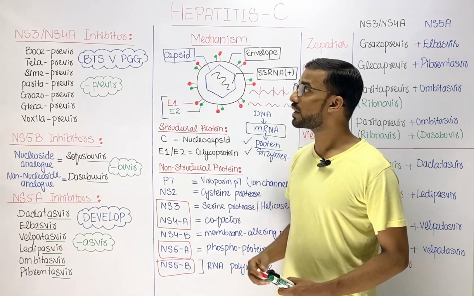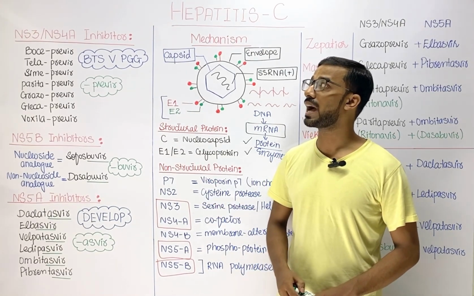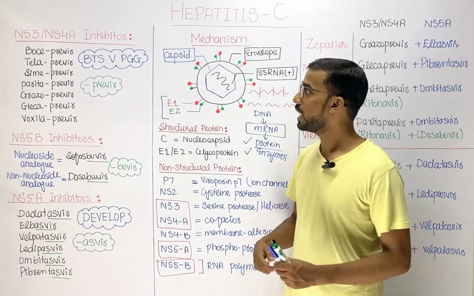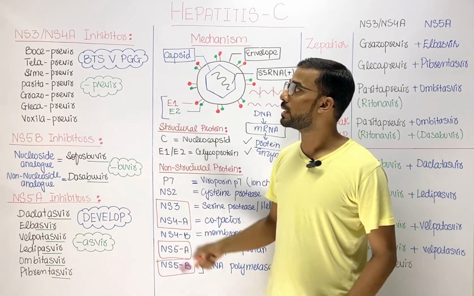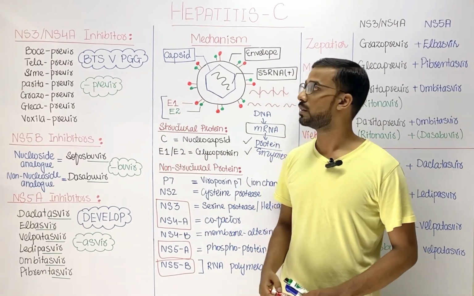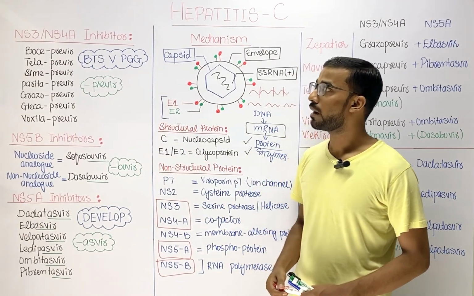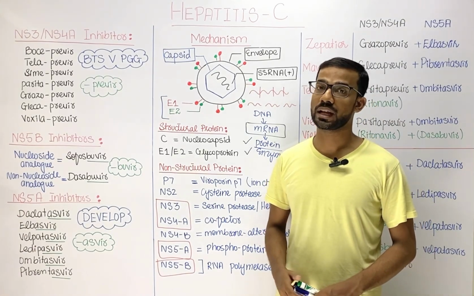These are the different drugs that inhibit NS3 and NS4A, and at the end of these drugs you will see the word previr. So these are the important drugs related to NS3 and NS4A.